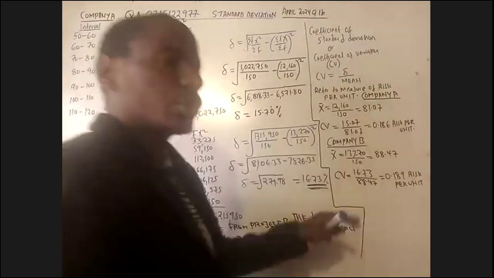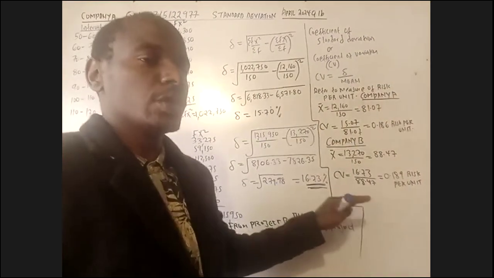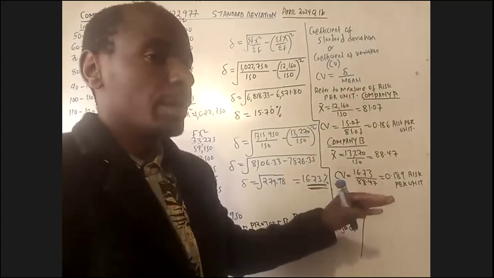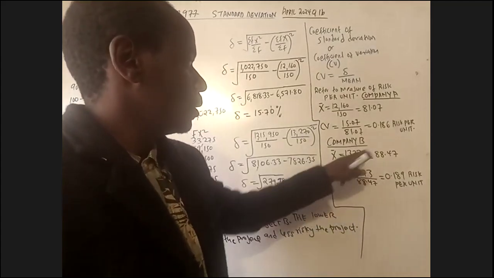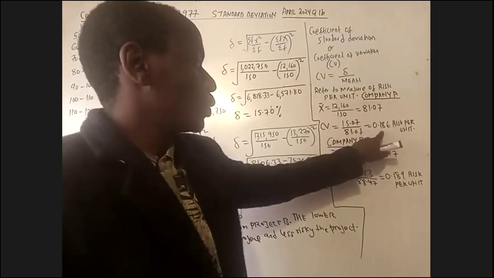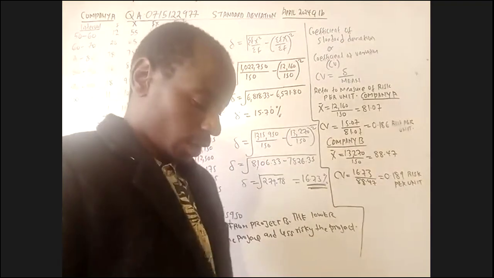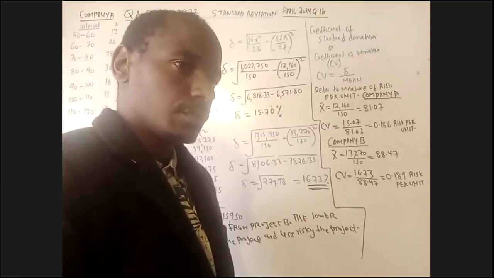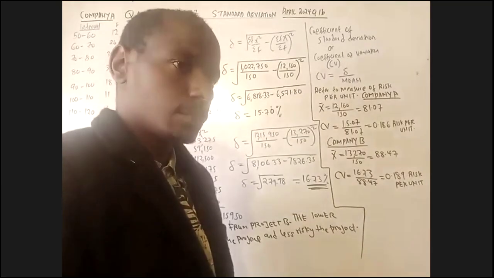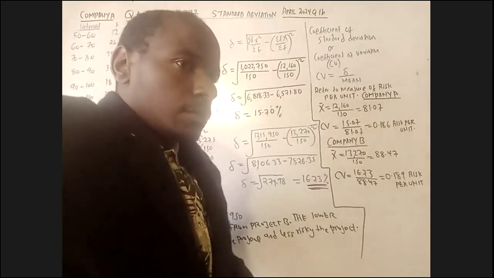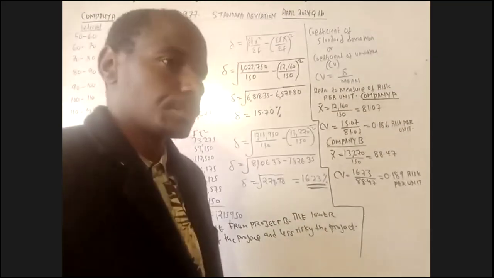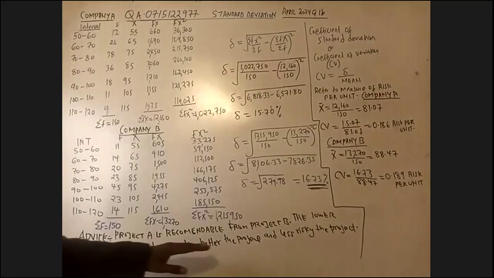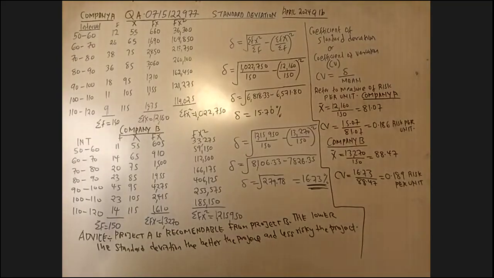Now, for advice using this one, you advise in the same way as with standard deviation. The one with the smaller value is better. Between 0.186 and 0.189, which is smaller? Company A. So project A is recommendable over project B. Reason why?